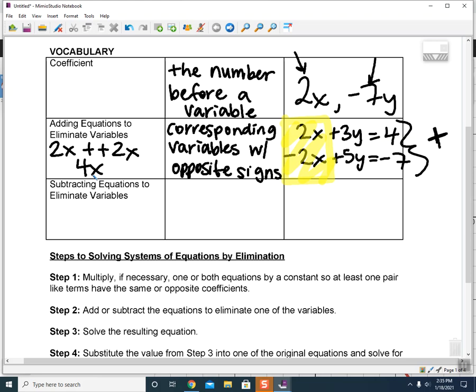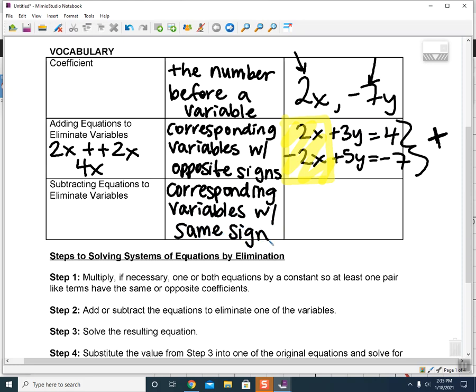So then if I'm subtracting, in that case I would want my corresponding variables, I'm looking for corresponding variables with the same sign. Okay, so that would look like this. If I had 3x plus 2y equals negative 4 and 3x minus 7y equals 2.